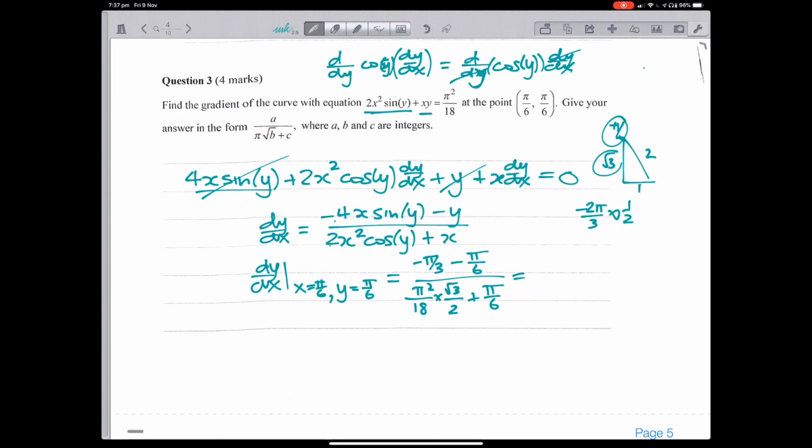Okay, now we've got to clean it up. So pi, if I put that on a 6, that becomes a 2. So I get negative 3 pi on 6, which is negative pi on 2, over, I've got a pi on 6 in both of these cases, 36. So let's take out pi on 6.